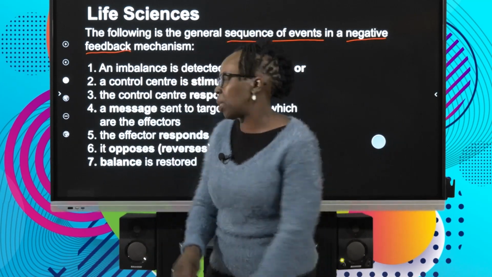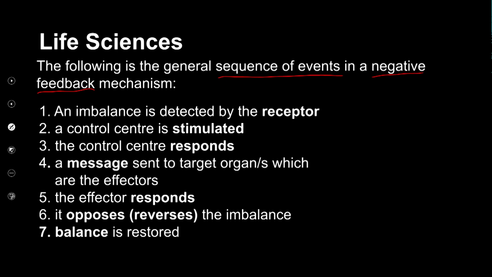What are these steps? The first thing that will happen is that the imbalance will be detected. This imbalance should be detected by the receptor. So, once the receptor detects an imbalance, something must happen. Then the control center will be stimulated.